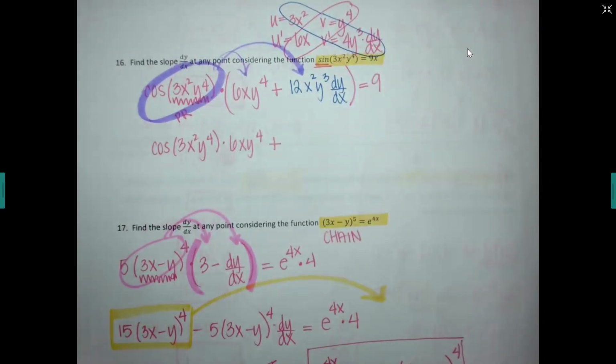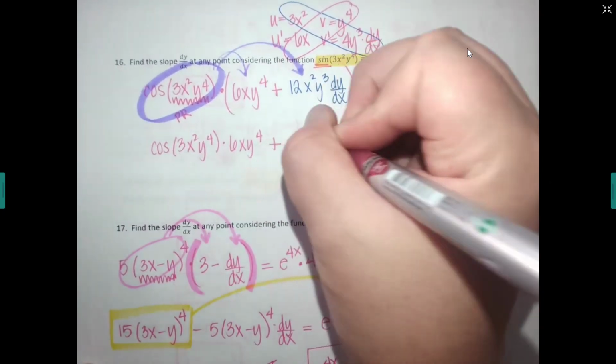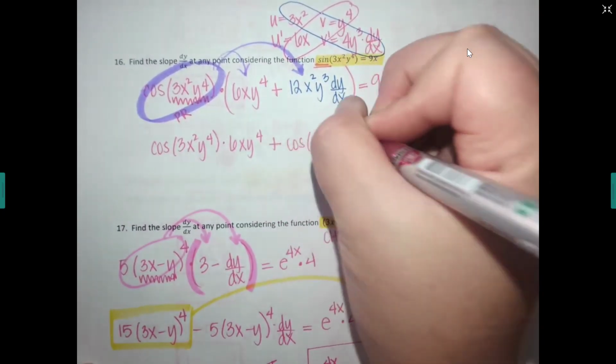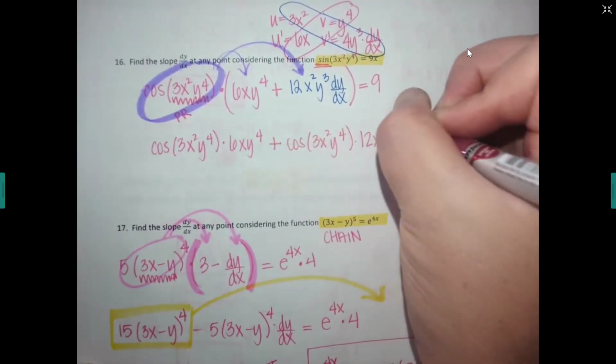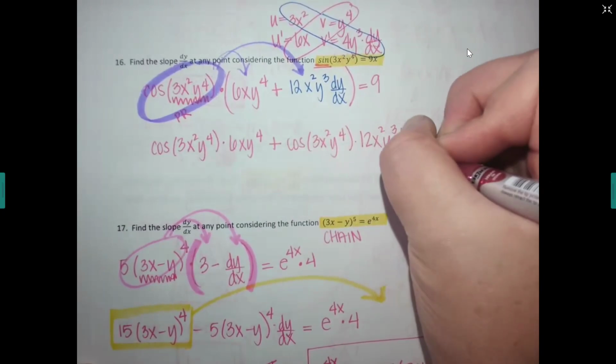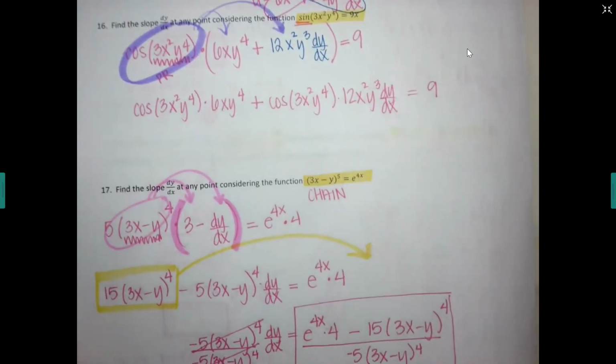And then you're going to carry that same cosine 3x squared y4 into the 12x squared y cubed dy dx.